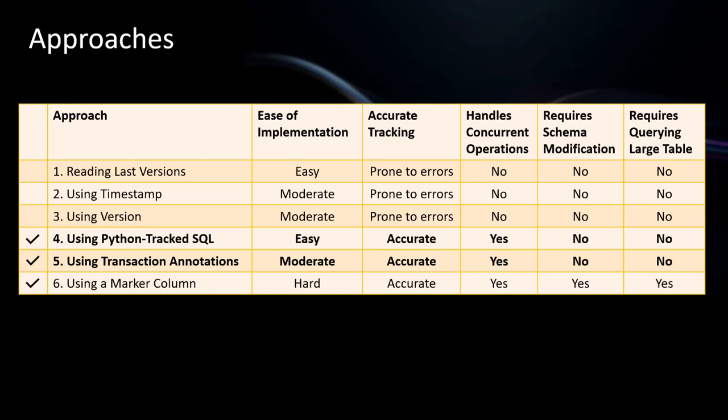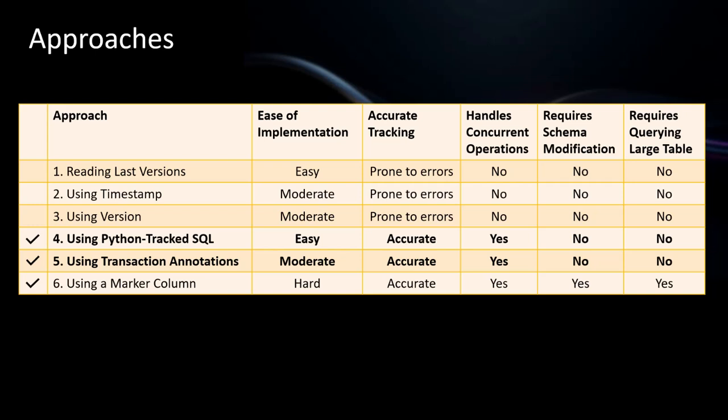Depending on the start time and end time, the second person might get a version not related to their operation. This is what happens when you expect concurrent operations. So if you do not expect concurrent operations against this table, you can use the second one. Otherwise, you should not use it.